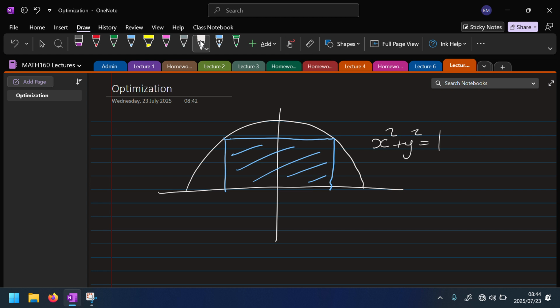That bottom right corner of the rectangle there, let's call this point x0. So it has some coordinate x, and since it's on the x-axis, the y value is going to be 0. Now, if we flip over to the other side, that bottom left corner will then be minus x0, because it's on the other side.